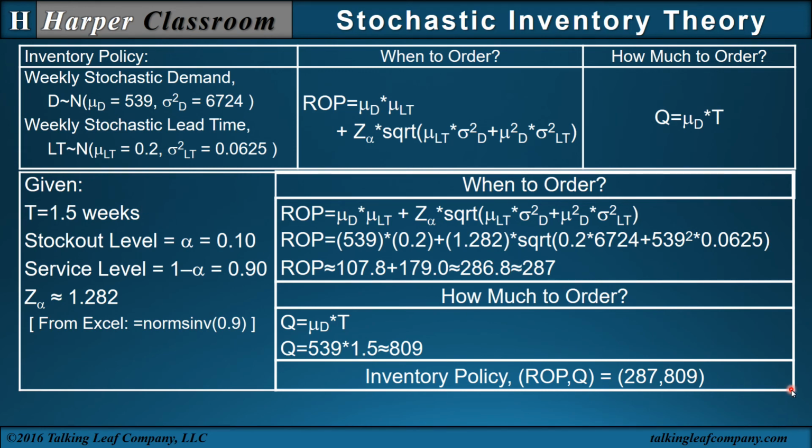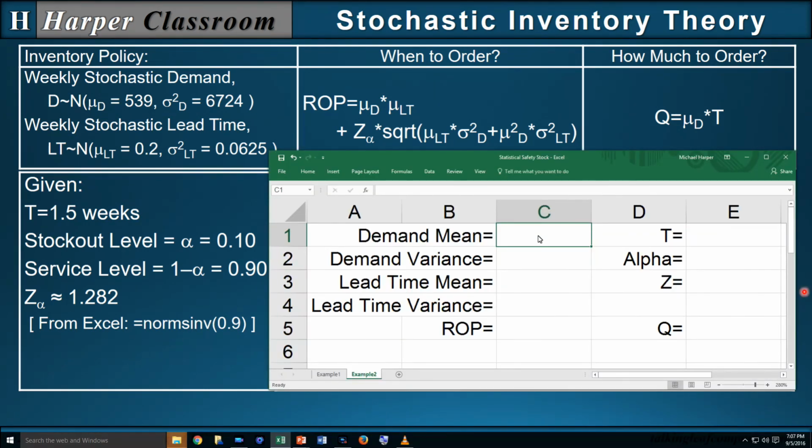Now, let's see how this works in Excel. So let's type in our values. Our demand mean is 539. Our variance is 67.24. Our lead time mean is 0.2, and our lead time variance is 0.0625. Inventory period is 1.5 weeks, and our alpha is 0.1.